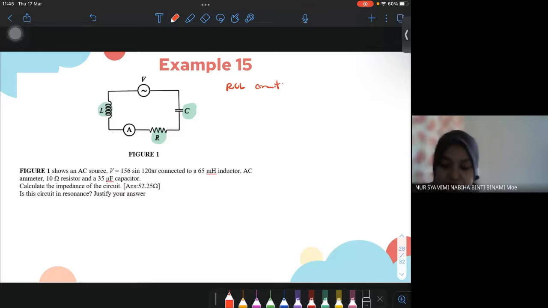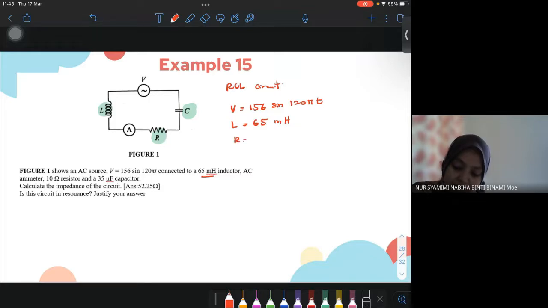Dia bagi equation V equals 156 sine 120 pi t connected to the inductor 65 millihenry, resistor ialah 10 ohms and the capacitor ialah 35 microfarad. Soalan kata calculate the impedance of the circuit. Is this circuit resonance? Justify your answer. Okay, so how to calculate the impedance?